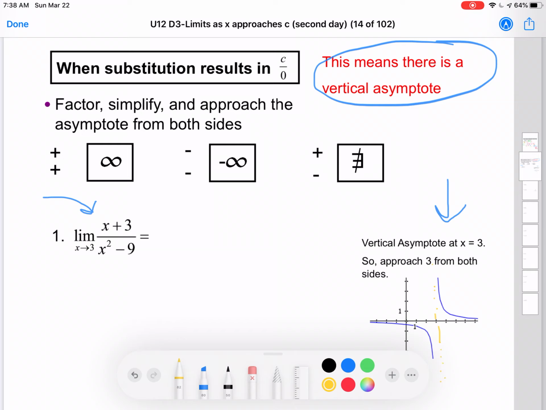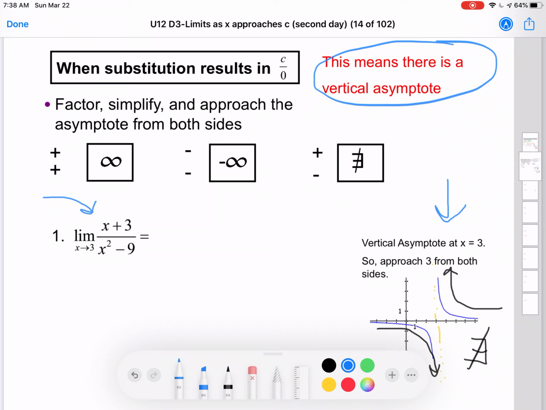So if I were to do the limit by graph like we did the first day, as I come from the left, it's going to go to negative infinity, and as I come from the right, it's going to go to positive infinity. So we know that it does not exist. But that was the first day. Today we're doing this algebraically, so we're not going to be looking at the graph. But I just wanted to show you from the graph what it's equal to.